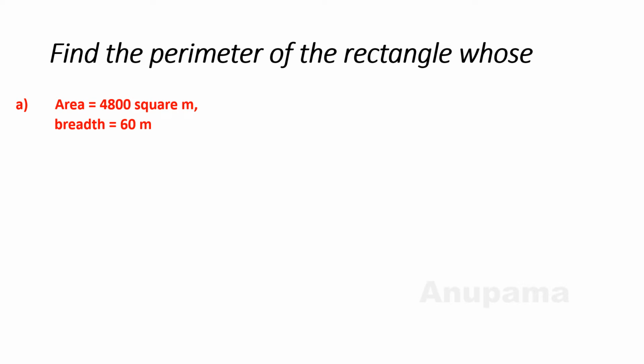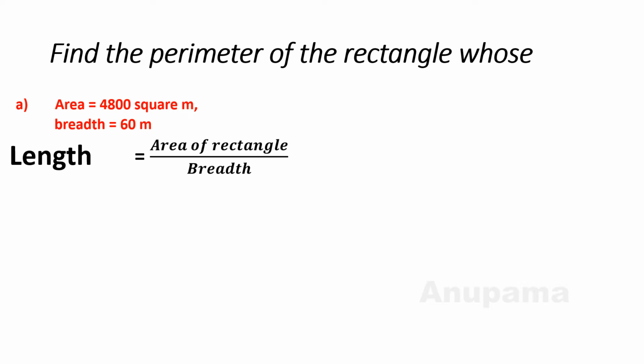Here breadth is given but length is not. But area is given, so we can find out length with the help of area. Yes, because length equals area of rectangle divided by breadth. Just put the values and we find length equal to 80 meters.